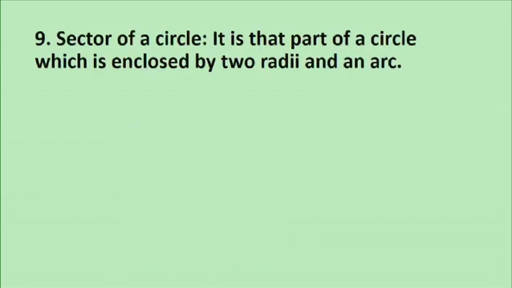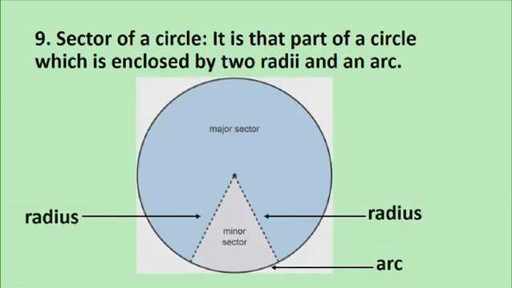Sector of a circle. It is that part of a circle which is enclosed by 2 radii and an arc. The smaller part we'll call the minor sector, whereas the larger part is the major sector.